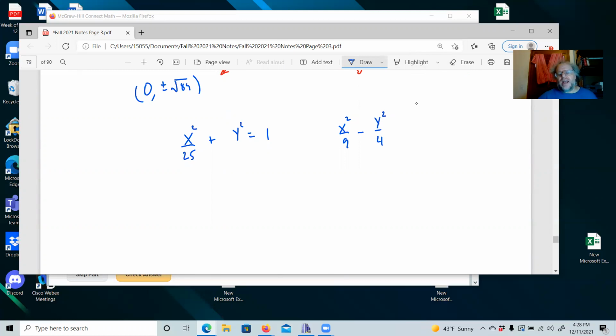So we have an ellipse, we have a hyperbola. Do they intersect with each other? We could draw the conic sections and sort that out, but we've already done two of them. So let's just see what's going to happen.